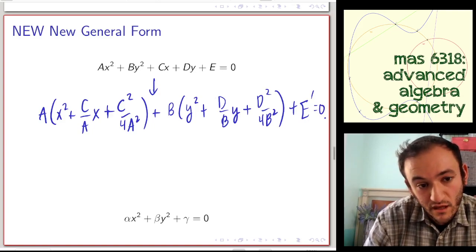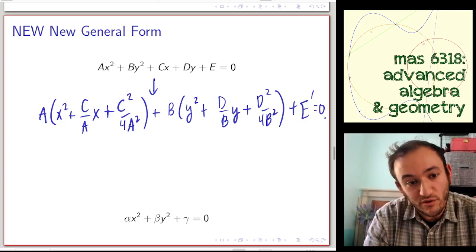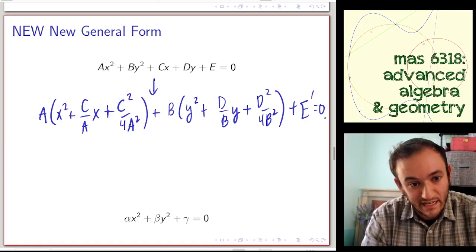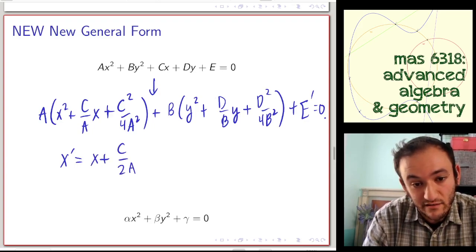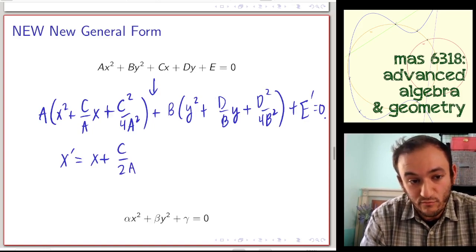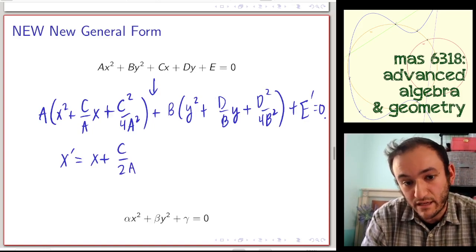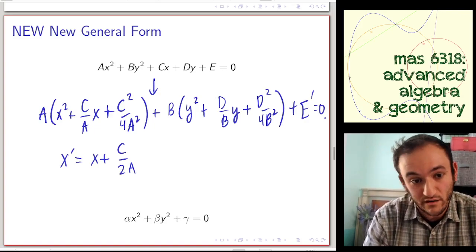Then you can make another change in coordinates. This time you're just translating. Instead of x, we'll take x prime to be x translated by c over 2a, so that this completed square is just our x prime squared.